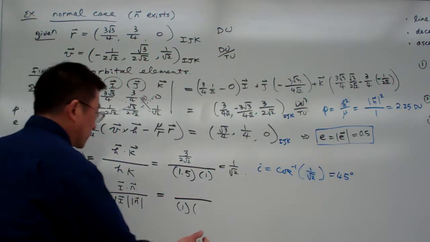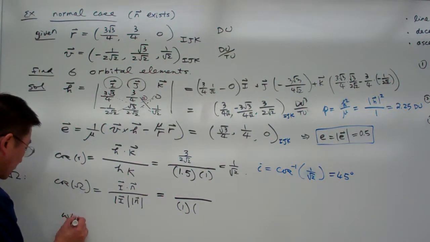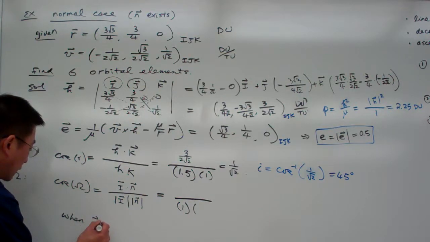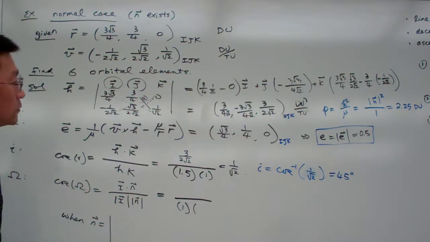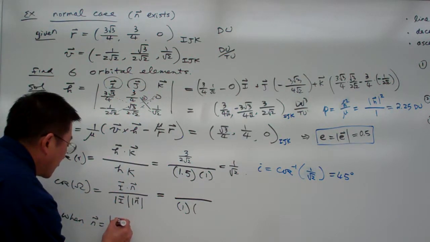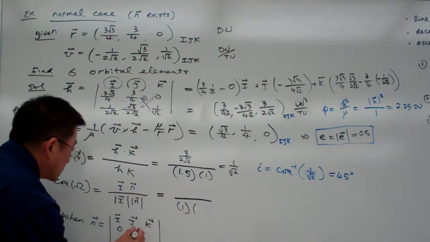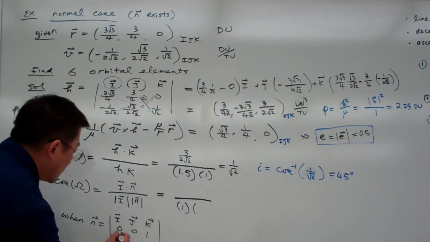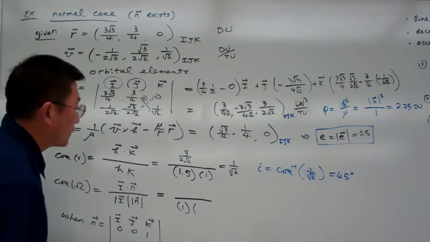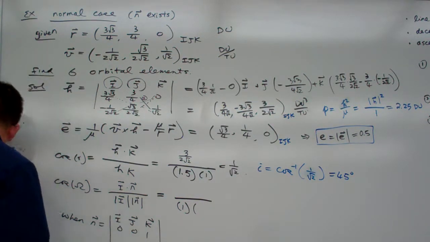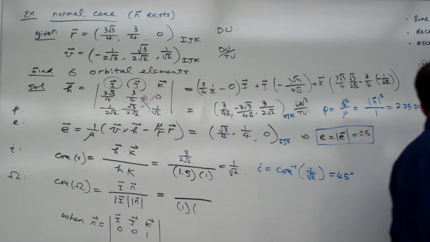What is n? So here I need to determine n first. And n is the vector we write there, I, J, K, and 0, 0, 1, and n equals k cross h. Let me just copy that.